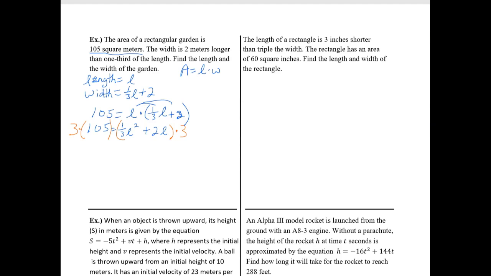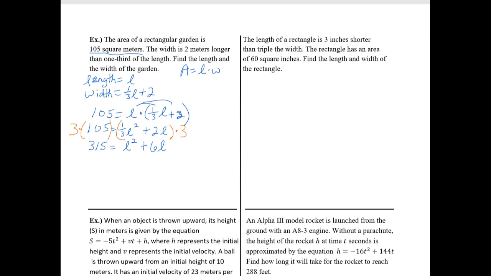So what do I have when I multiply 3 times 105? That is 315. And then 3 times 1/3 would be 1. So those 3's divide out, and I just have L squared. And 3 times 2L is 6L. And make sure every single term gets multiplied by 3 to keep that equal.